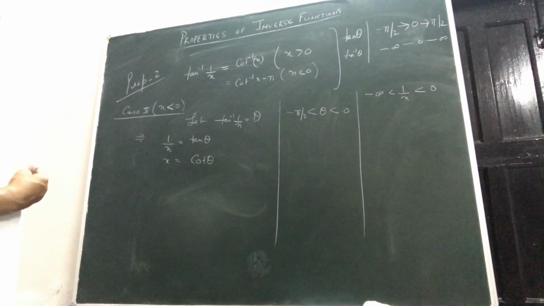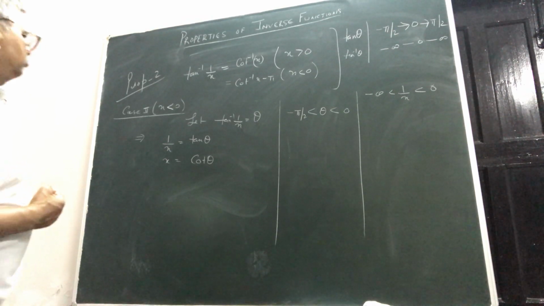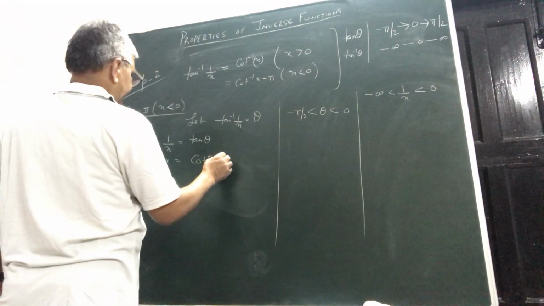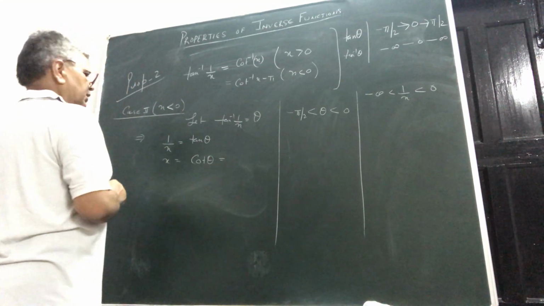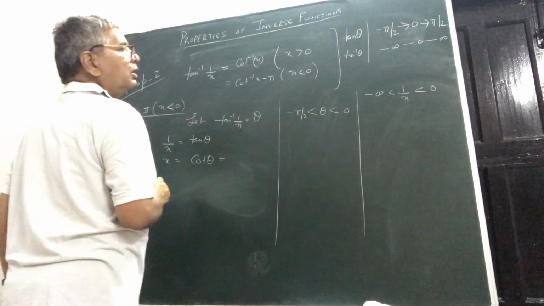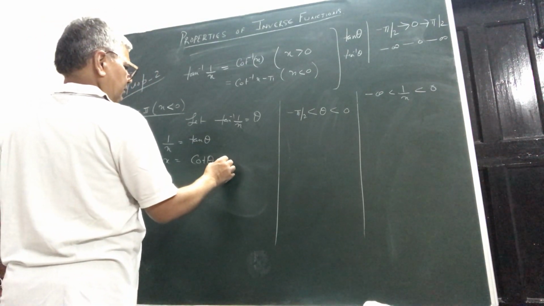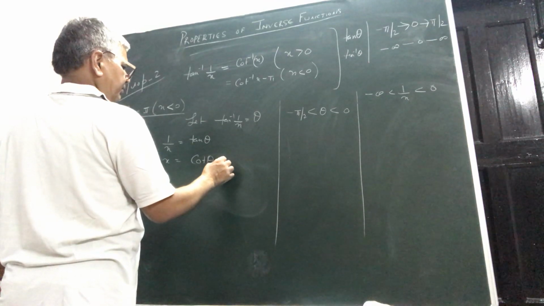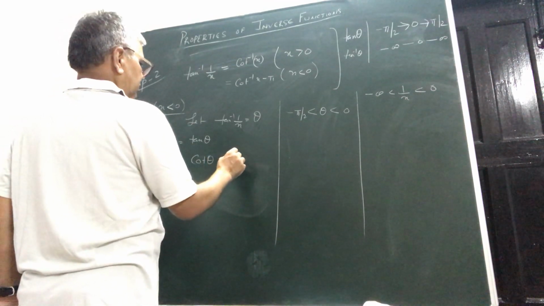So what we will do is, we will write x is equal to cot theta. Let us write pi by 2 minus theta.